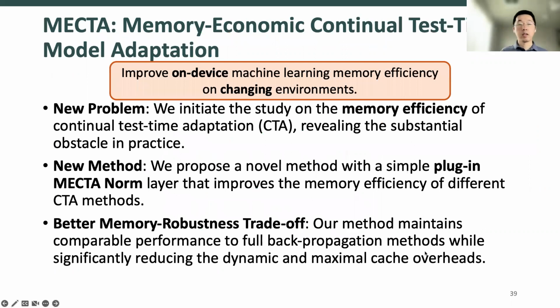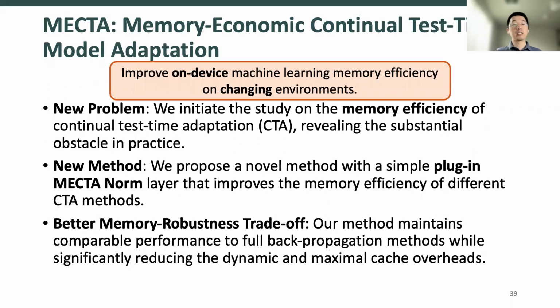So in summary, in this work we introduced a new algorithm and a new problem. In terms of the problem, we revealed that current continual test-time adaptation is not efficient in memory. If you want to adapt this algorithm to edge devices with limited memory, you have to improve the memory efficiency.